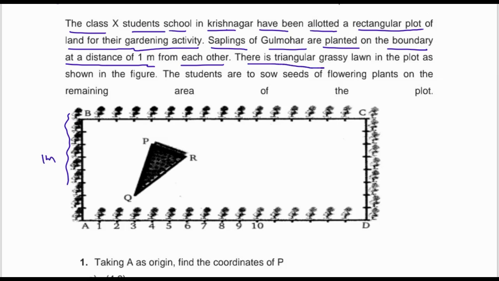There is a triangular grassy lawn in the plot, as shown in the figure. The students are to sow seeds of flowering plants on the remaining area. So it's asking for the remaining area of the plot.